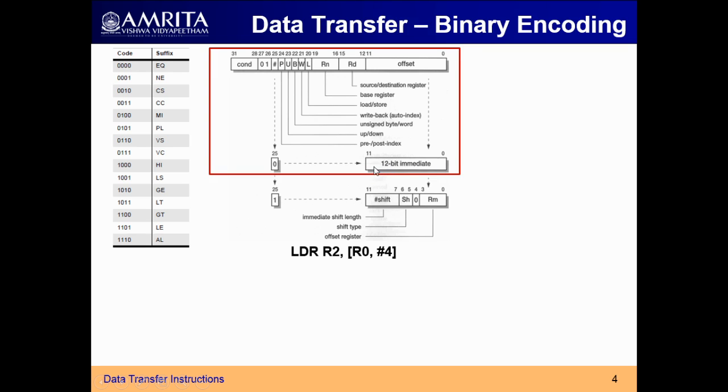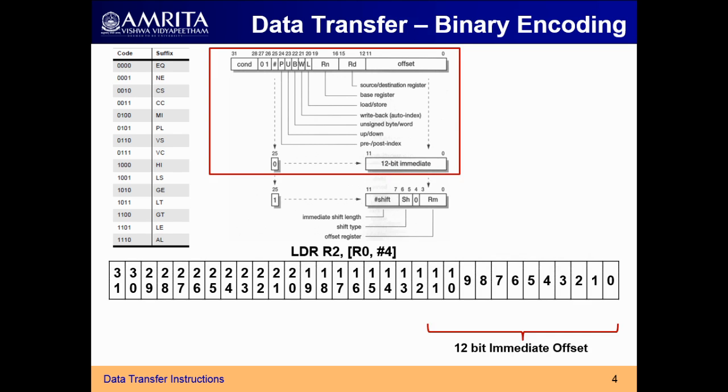Here bit number 0 to 11, that is 12 bits, are used for representing the 12-bit immediate offset. In our case, what is the immediate offset? 4. If you represent 4 in terms of 12 bits, it will be 0000 0000 0100. This will be the 12-bit equivalent of 4.